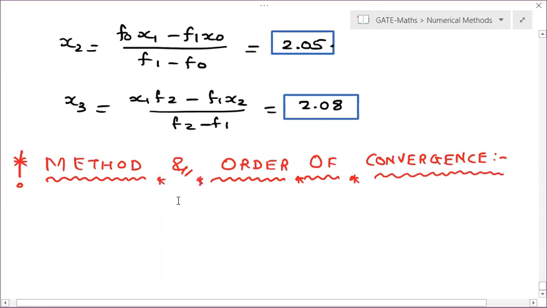Now see over here. I have to make one table.